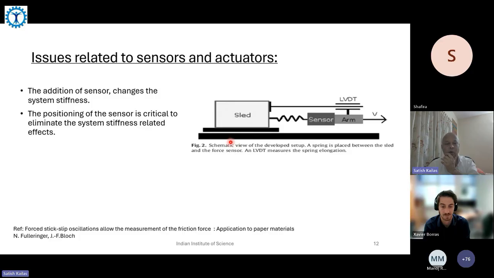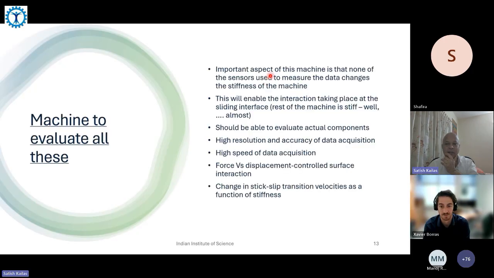So we wanted to build a machine that will evaluate all these things. But an important aspect is that none of the sensors used to measure the data changes the stiffness of the machine. This will enable us to study the interaction taking place at the sliding interface. Assuming that the rest of the machine is stiff, we have made very stiff machines with deflections of a few tens of nanometers for every Newton of force, and should be able to evaluate the actual components of the interaction taking place.